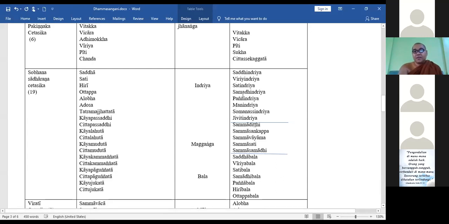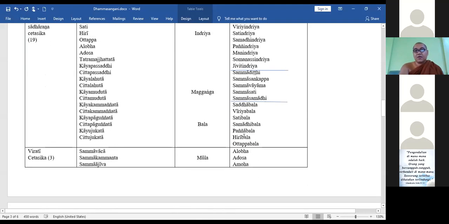So Paññindriya, what is the meaning of Panna? Panna means being able to distinguish between good things and bad things. So without Panna, there will be no Kusala here. So this Kusala Citta will not arise without Panna. So Manindriya, Somanassindriya, these are very common to Kusala and Akusala, so also Jivitindriya.